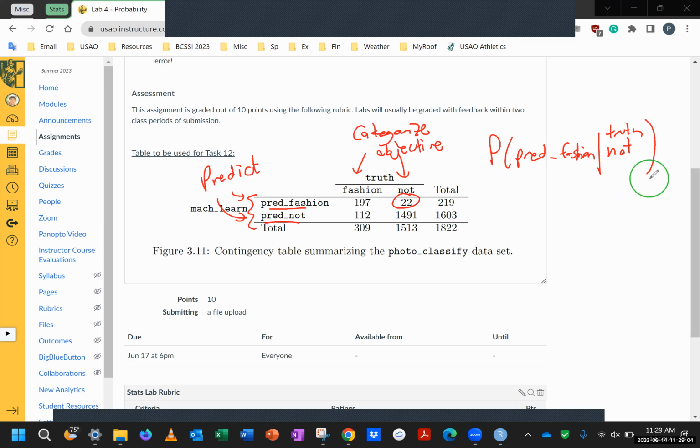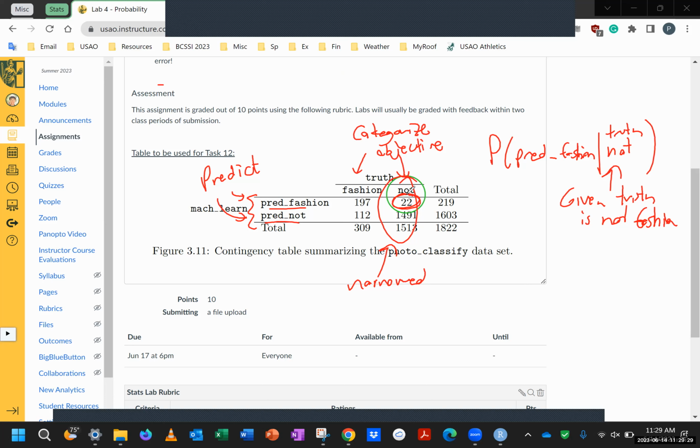So this tells us already we'll assume, given the truth is not fashion, the way we can look at this is we circle this right here. We know this has occurred. So we've narrowed down our cases just to the truth being not about fashion. And we're saying of those cases, how many times is the machine wrong?